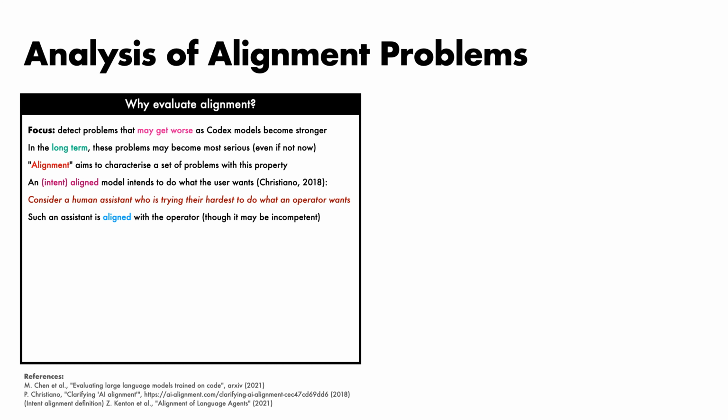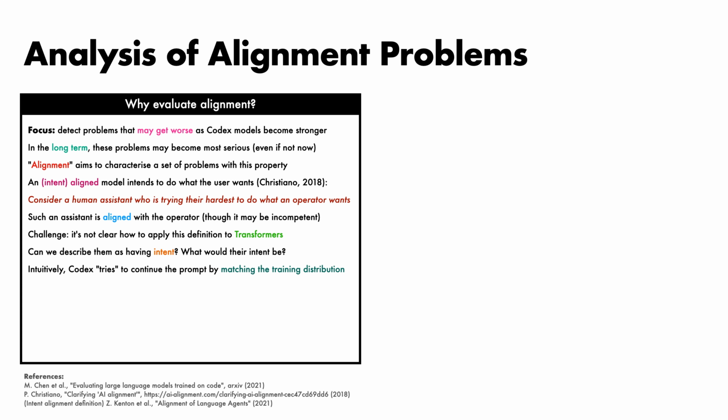The Codex authors note that it's somewhat challenging to apply this definition directly to transformers such as Codex, since it's not clear whether we can describe them as having intent, or, if they do, what that intent would be. Intuitively, Codex is trying to continue the prompt by generalizing or matching the training distribution. Conversely, it is not directly trying to be helpful to the user.